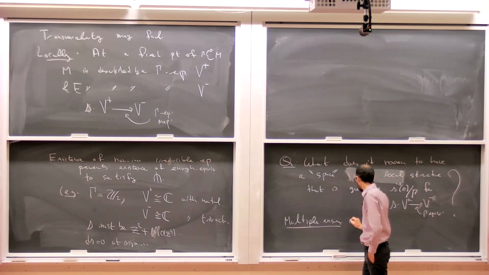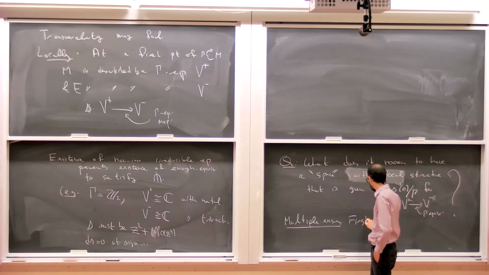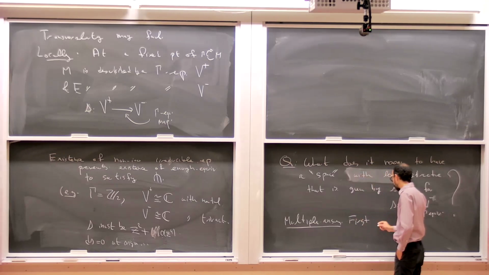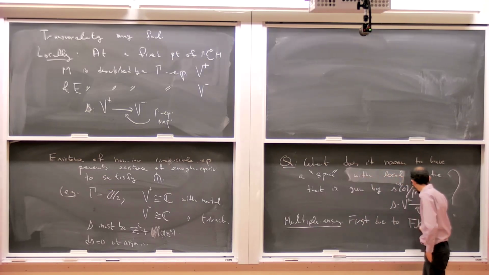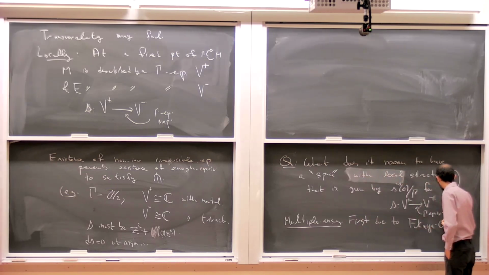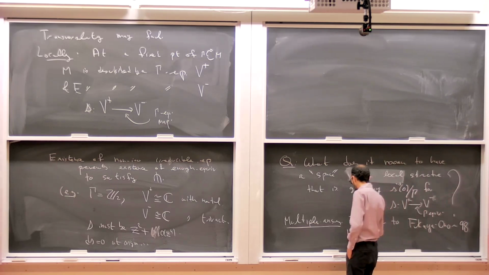So the first is due to Fukaya, Ono, around 98. They call such a thing a Kuranishi space.